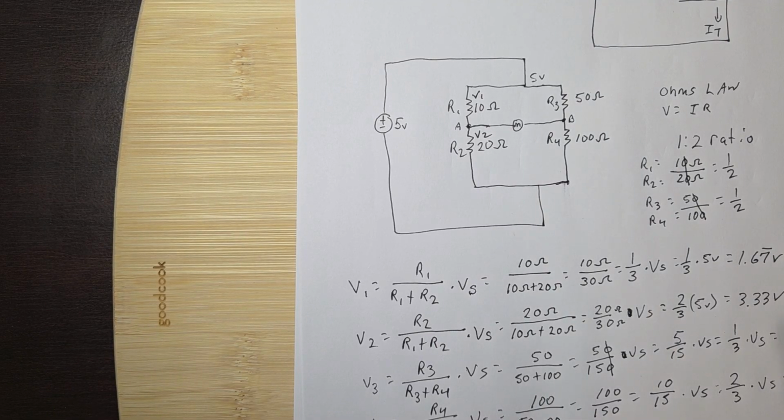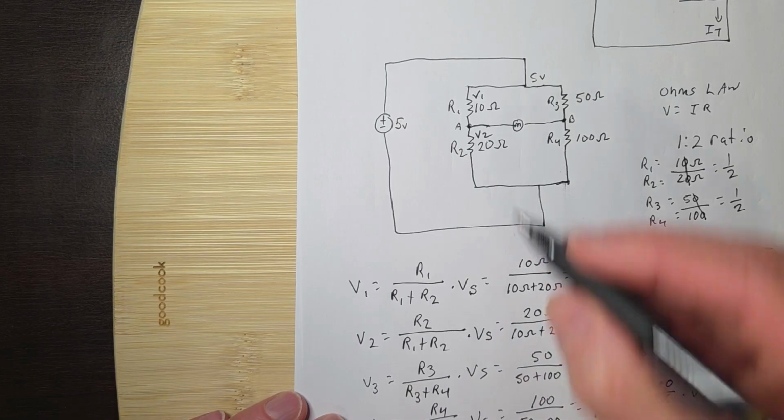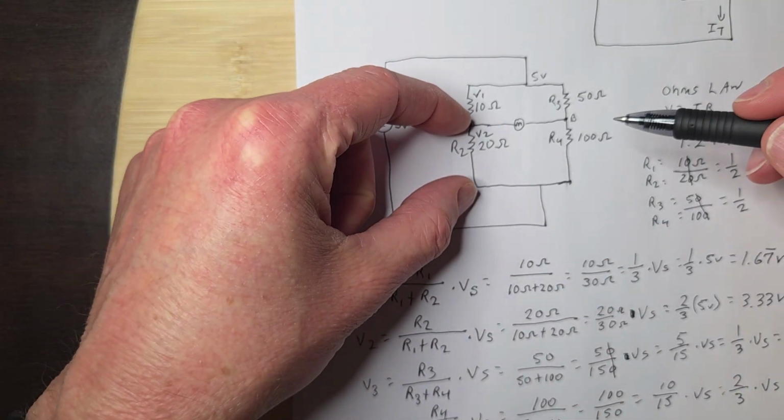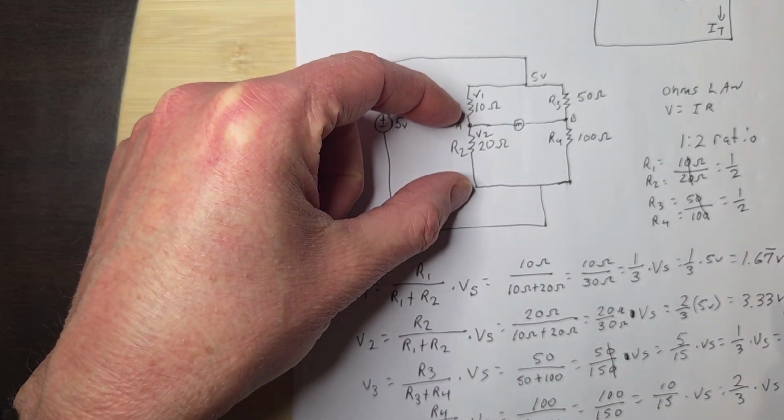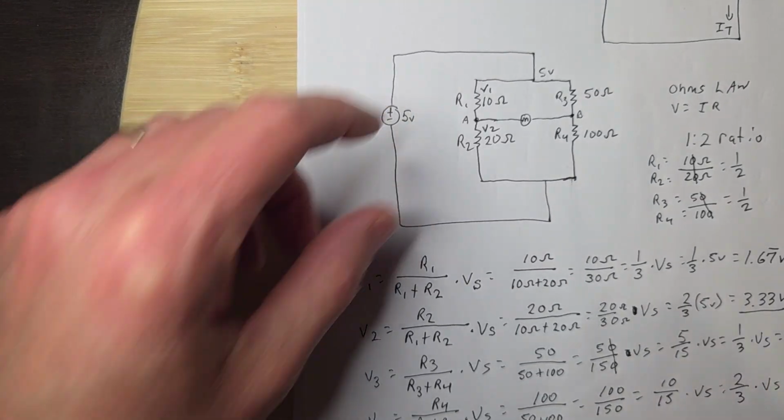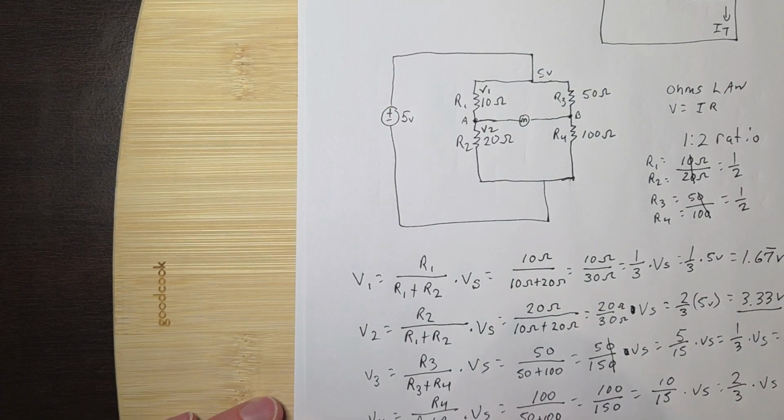Just to show you that, so now VA is equal to, if I take a measurement right here across R2, what's V2? Well, it's 3.33 volts. So VA is equal to 3.33 volts.